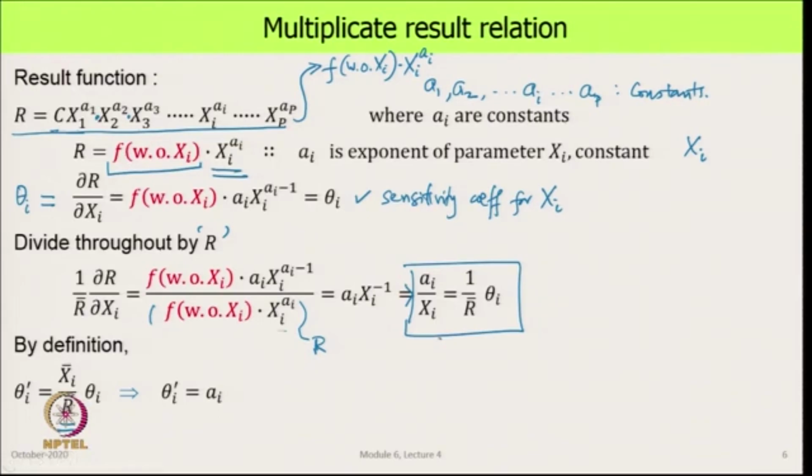If we combine this with the relation that we have here, it tells us that theta I prime is A I. That means the non-dimensional sensitivity coefficient of x I, or the relative sensitivity coefficient of x I, is nothing but the exponent of x I. So, by inspection in the formula, you can say that the non-dimensional sensitivity coefficient of x 1 is A 1, of x 2 is A 2, of x 3 is A 3, of x p is A p.